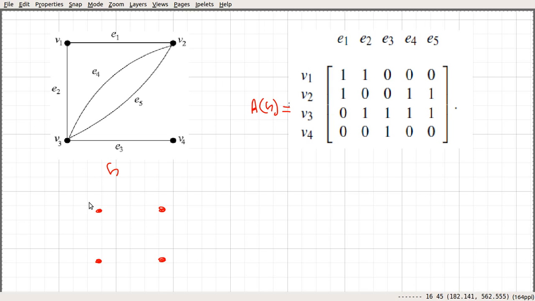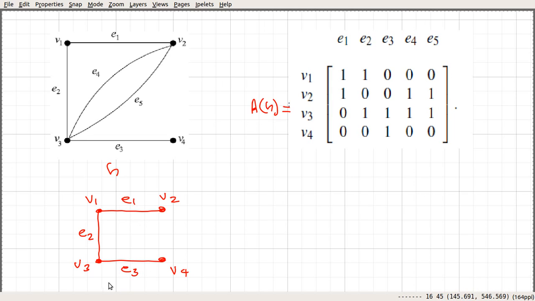So it contains all the vertices here: V1, V2, V3, V4, and suppose that our subgraph has these edges. So it has E1, E2, E3.